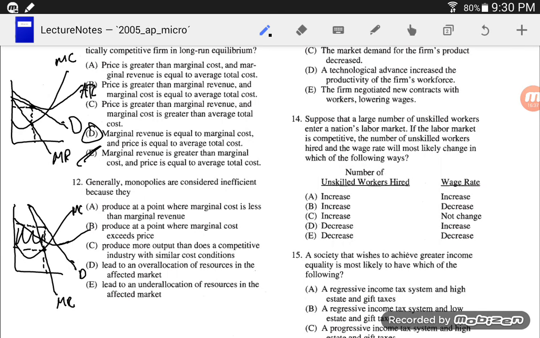Okay. So am I going to produce at a point where marginal cost is less than marginal revenue? No, I'll produce where they're equal to each other. I'll produce at a point where marginal cost exceeds price. No, the marginal cost is below price. I'll produce more output than a competitive industry with similar costs. No, I'll produce less.